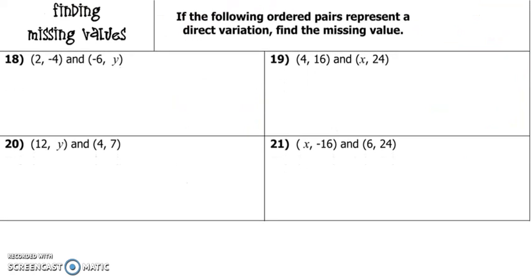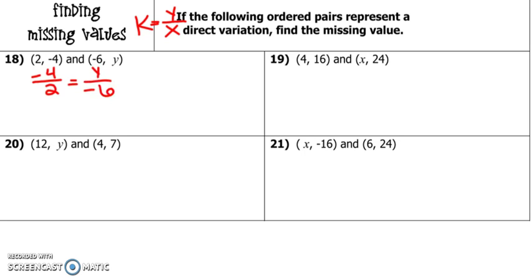Now, the last type of problems with direct variation is finding those missing values. And it's fairly simple, but the big thing you have to keep in mind when you're doing a direct variation, your k is going to equal y over x. And think, direct, we're dividing. So if I'm doing y over x, well, I'm going to set up 2 proportions. I have negative 4 over 2, and I'm going to set that equal to y over negative 6.